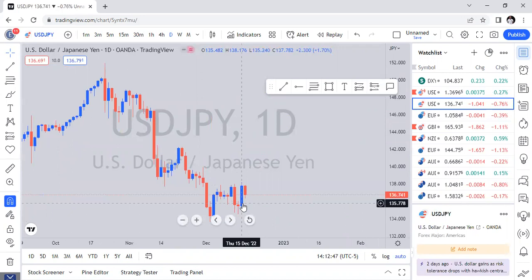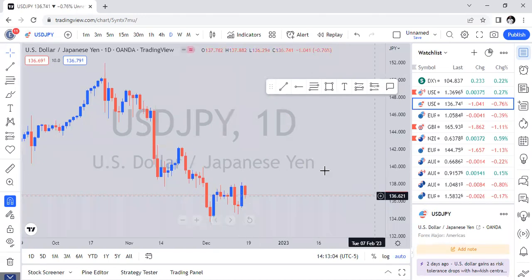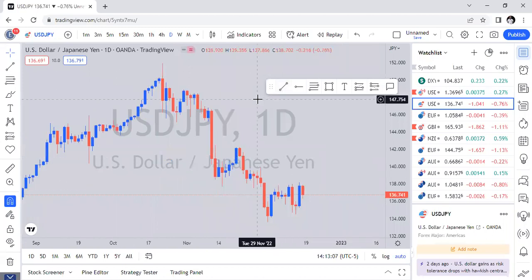If you are able to read and interpret the low, the high, the open, and the close of a candle, then you are on your way to becoming a good technical analyst, because your ability to read these charts is what makes you a good trader. You should be able to interpret what price is telling you based on the chart.